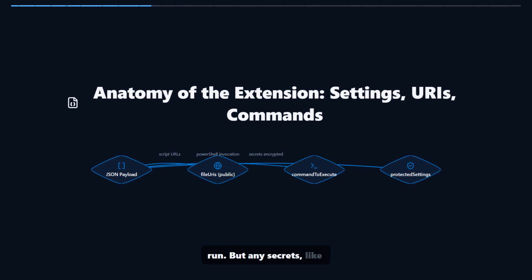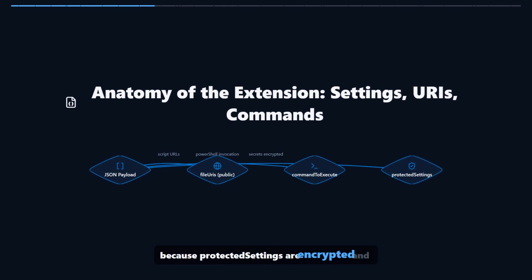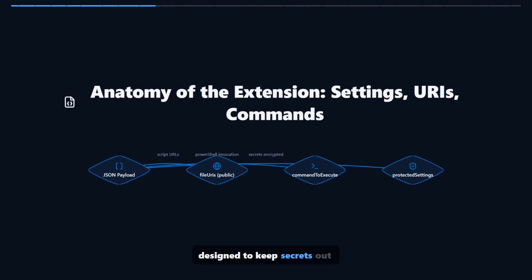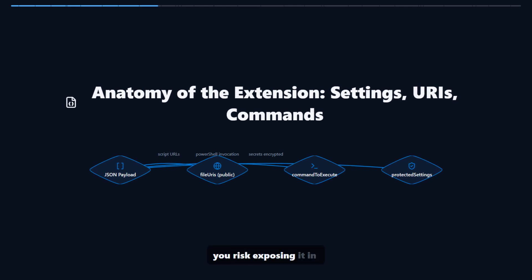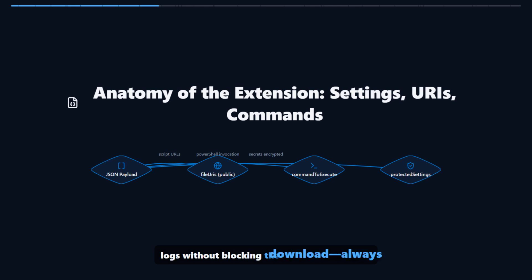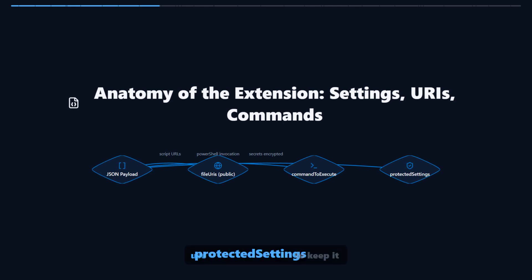But any secrets, like storage account keys or credentials, go into protectedSettings, not settings, because protected settings are encrypted and designed to keep secrets out of logs. Misplace a secret in the public section, and you risk exposing it in logs without blocking the download. Always use protected settings to keep it safe.